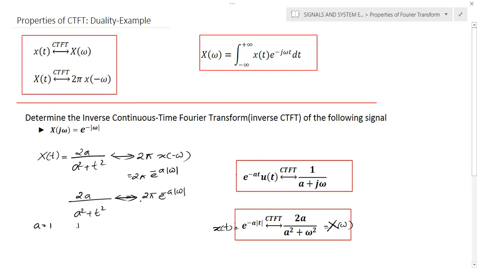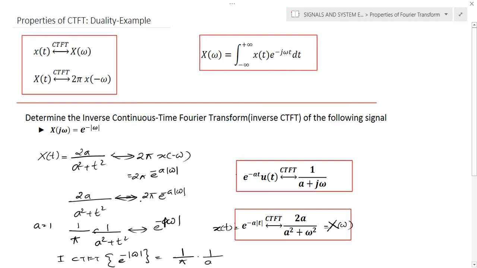So finally it becomes 1 by pi into 1 by a square plus t square is equal to e raised to minus modulus of omega. So the inverse continuous time Fourier transform of the signal e raised to minus modulus of omega is equal to 1 by pi into 1 by a square plus t square. Okay.